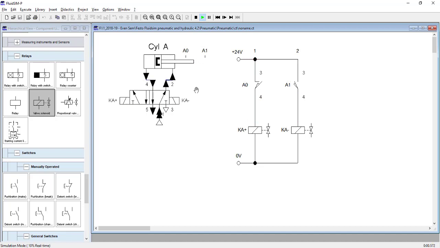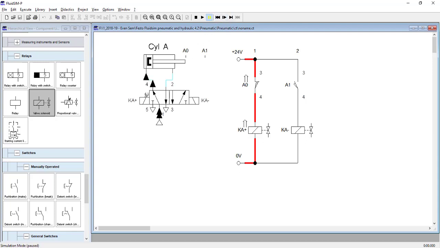As soon as I turn it on, I will just pause it. Let me bring it to the initial position. Initially, the piston is at the A0 position, so A0 closes. As soon as A0 closes, Ka plus gets electricity, and the left position of the valve becomes active.